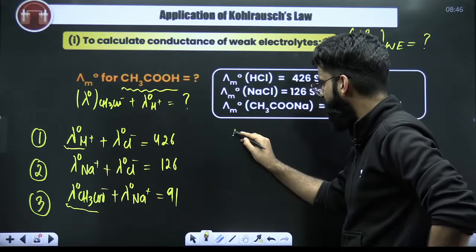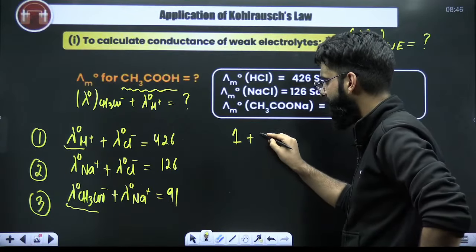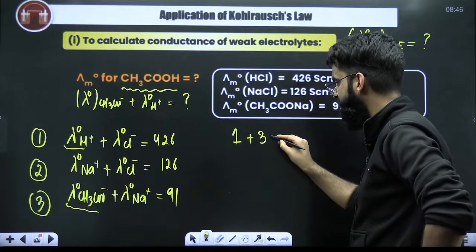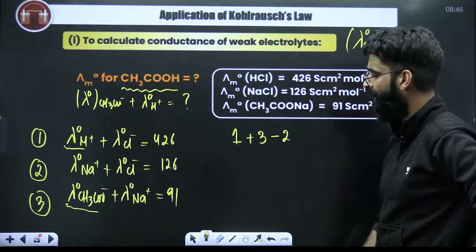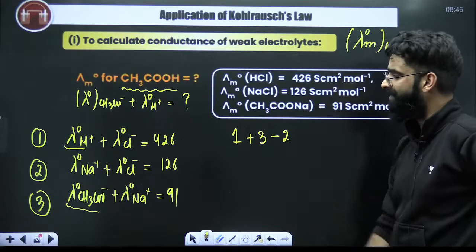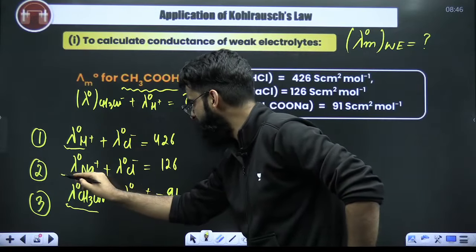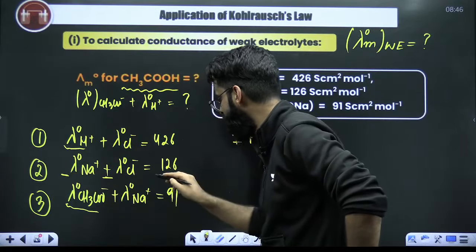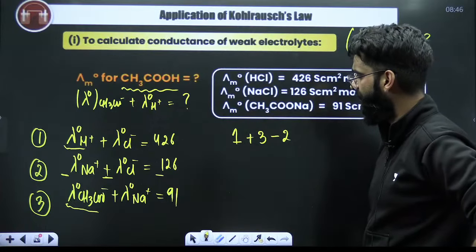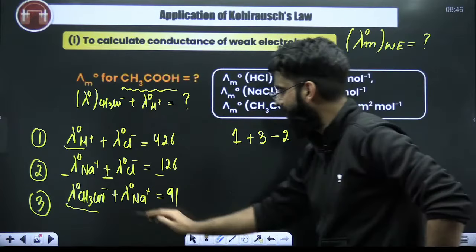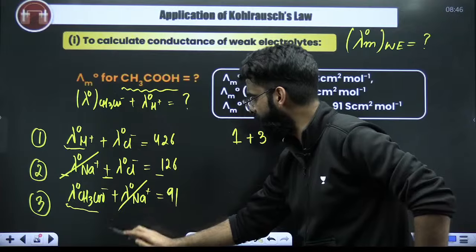So I'll be adding equation 1 with equation 3 and subtracting equation 2 at the end. If I subtract 2, this becomes minus, this becomes minus, this becomes minus. What do I get at the end? This particular term gets cancelled.